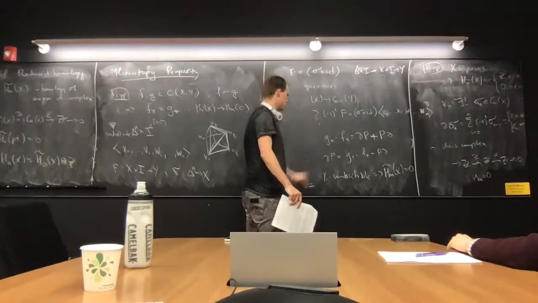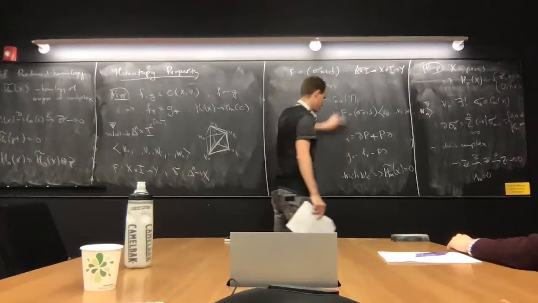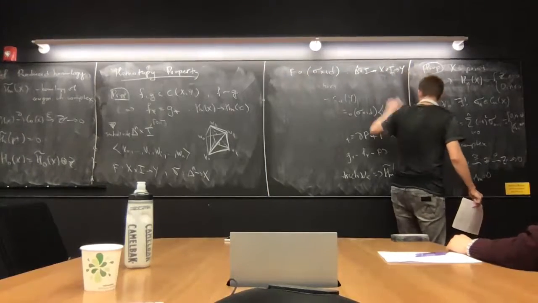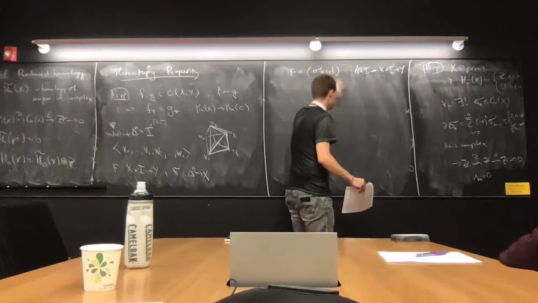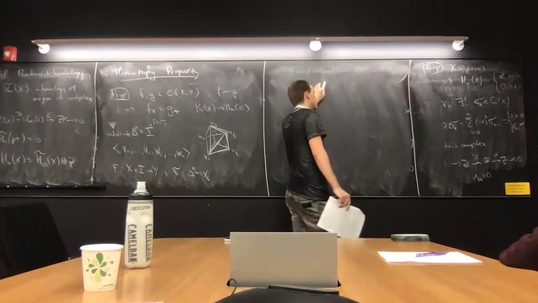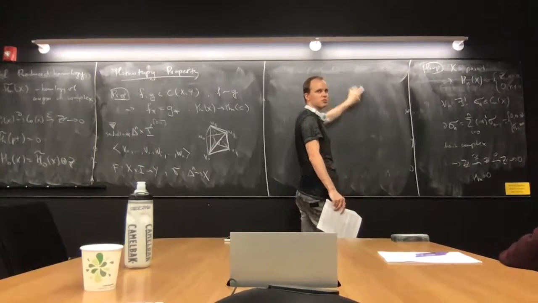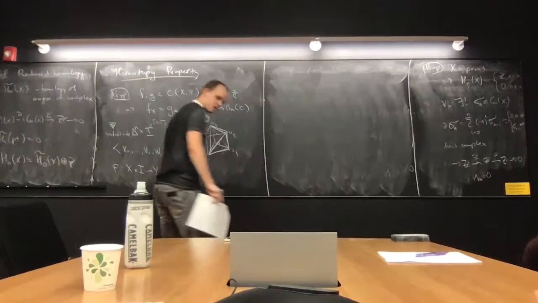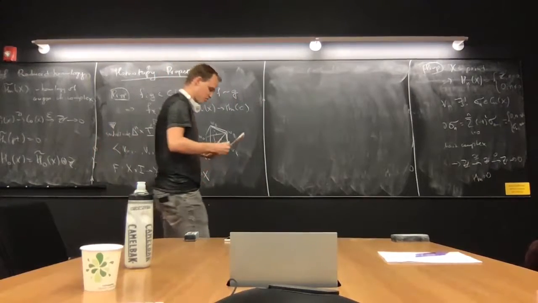It just turns out that many more topological spaces can be realized with CW complexes, or are homotopy equivalent to CW complexes, than simplicial complexes. So triangulation is too strong.